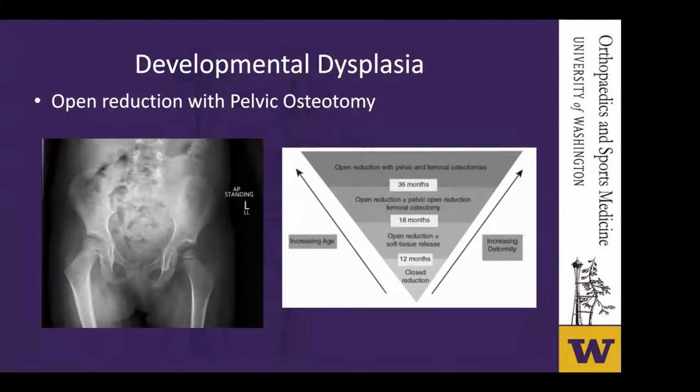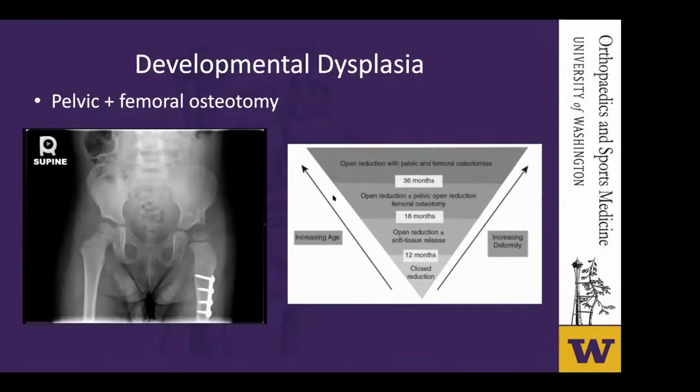Pelvic osteotomy may later be required to improve femoral head coverage and stability. There are numerous surgical techniques to accomplish this that are beyond the scope of this talk. But again, overall goal is to get to normal skeletal morphology by skeletal maturity. Older children with chronic dislocations may additionally need a femoral shortening osteotomy to accomplish reduction in addition to their pelvic osteotomy.